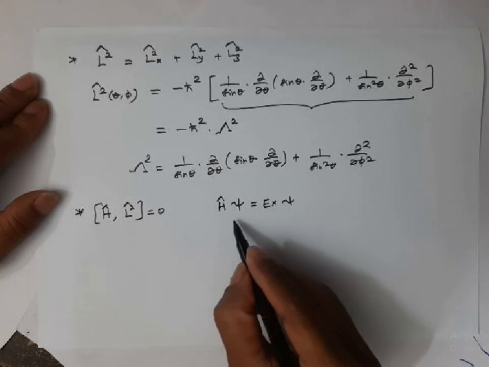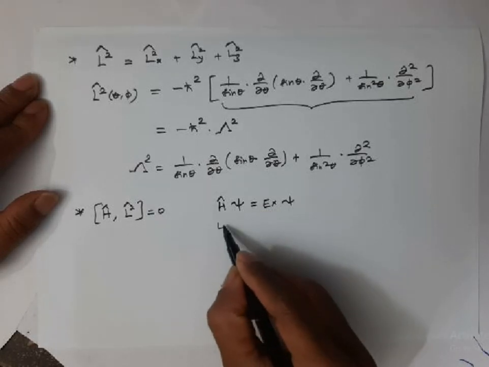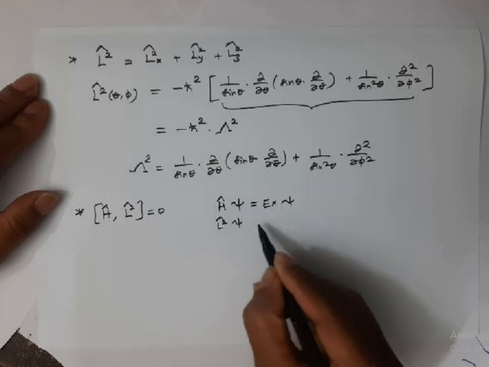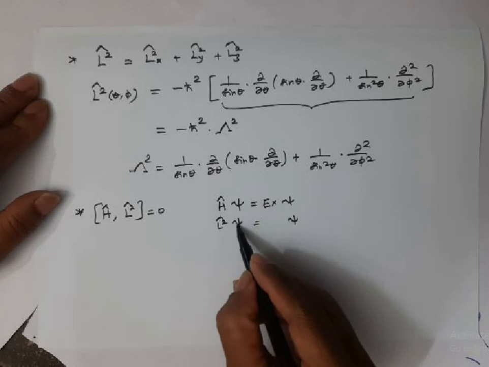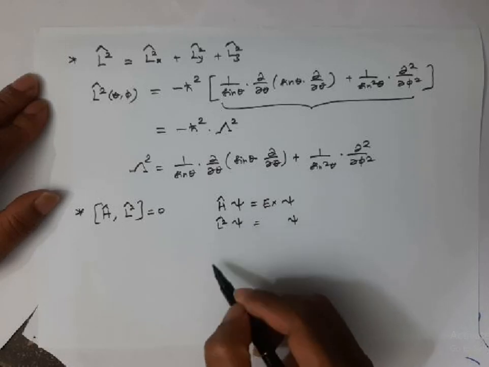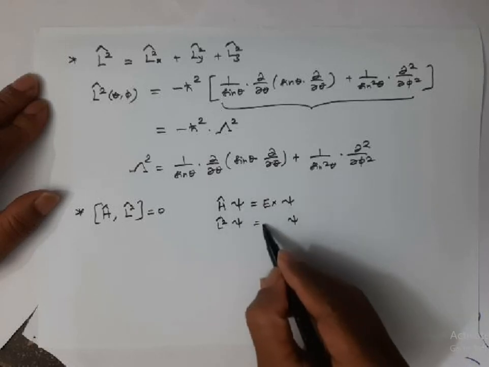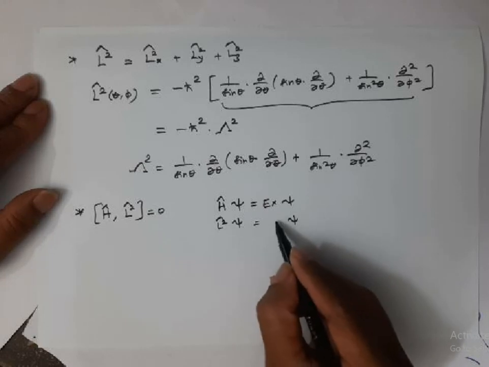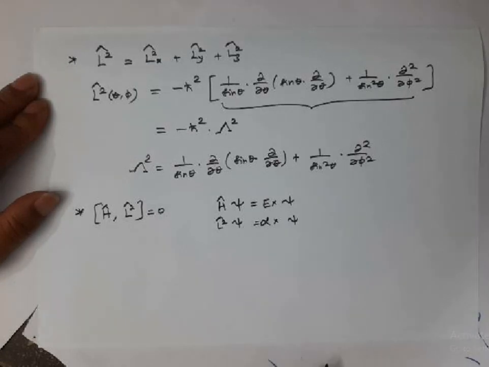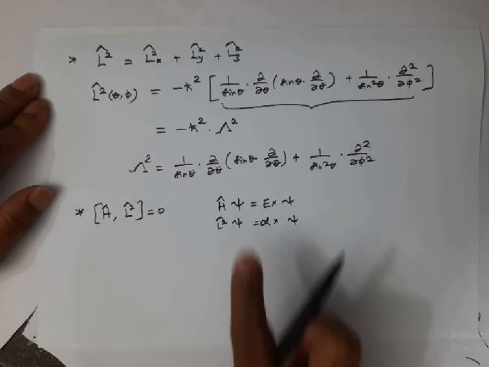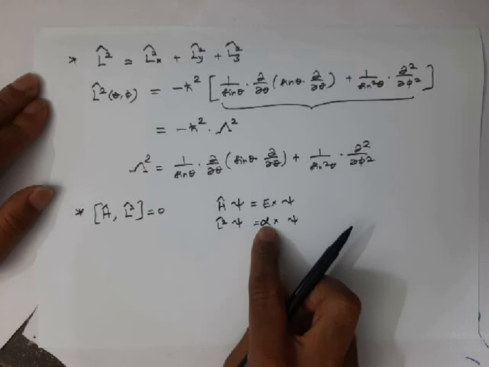If you apply the L square operator on the same function, you will get the same function again. That means the function psi is also an eigenfunction of the L square operator with some eigenvalue. Let me call that eigenvalue alpha. That eigenvalue is nothing but the square of the total orbital angular momentum.